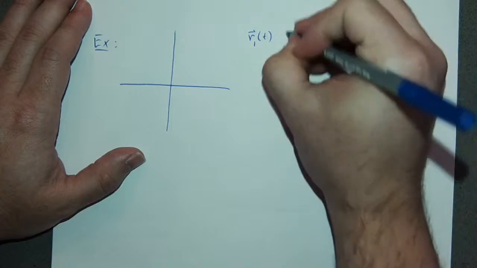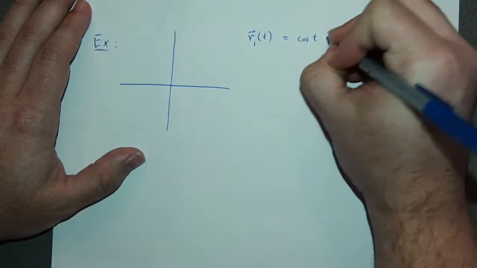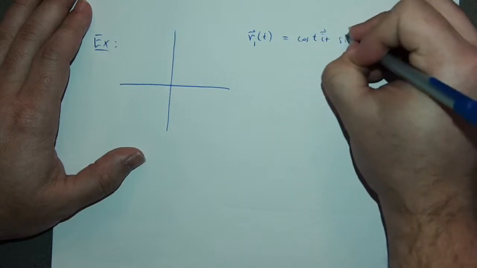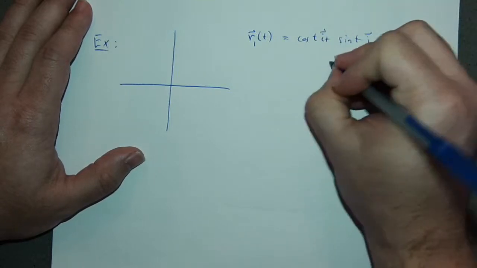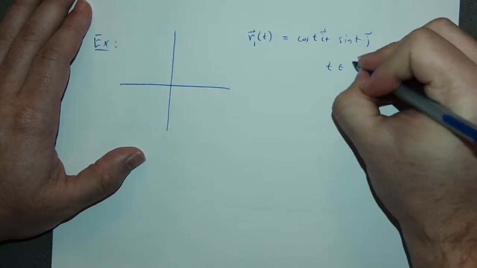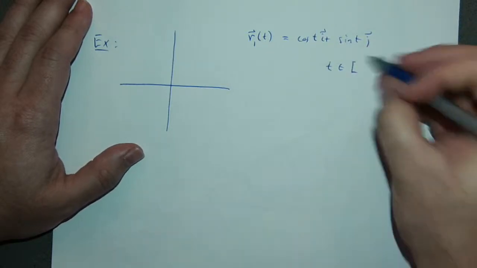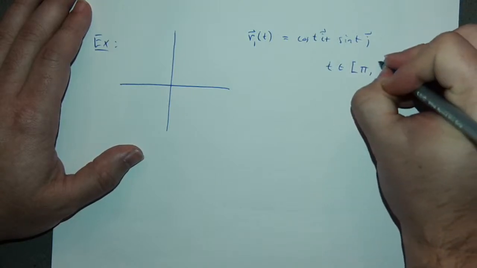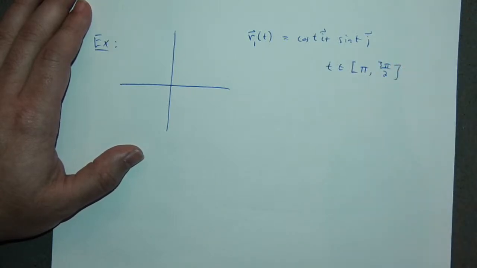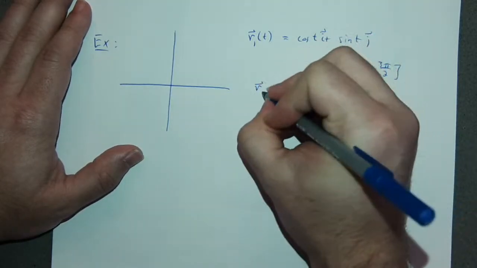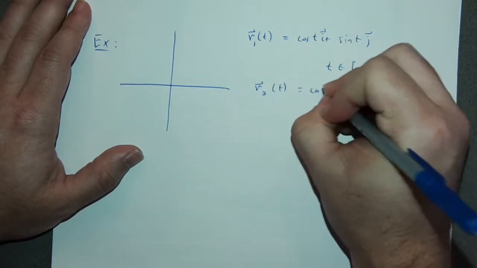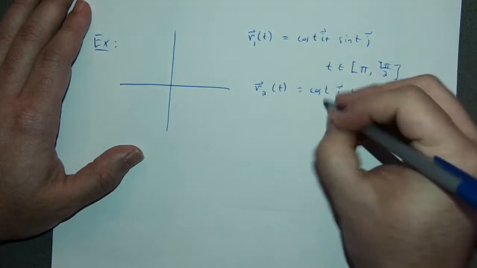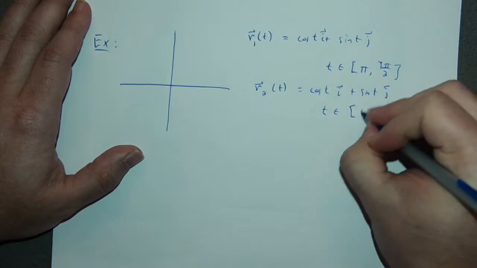Okay, so the first one is cosine t i plus sine t j, where we'll say that the parameter lives from pi to 3 pi over 2. And we have another parameterization, which the actual form of the parameterization is exactly the same, but my t lives from 0 to pi over 2.